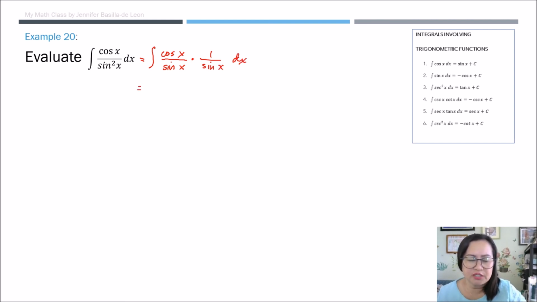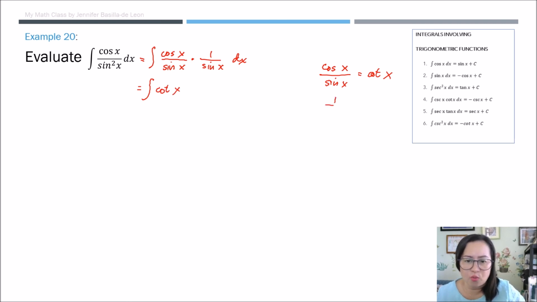Now, using the quotient identity, note that cosine x over sine x is equal to cotangent x. So simply we can write this as cotangent x.